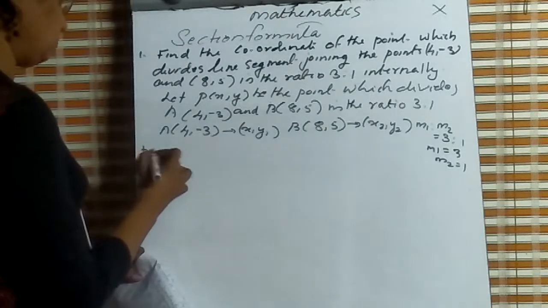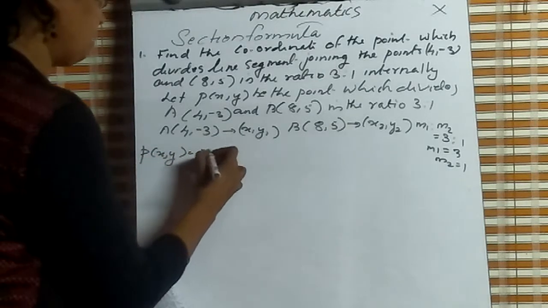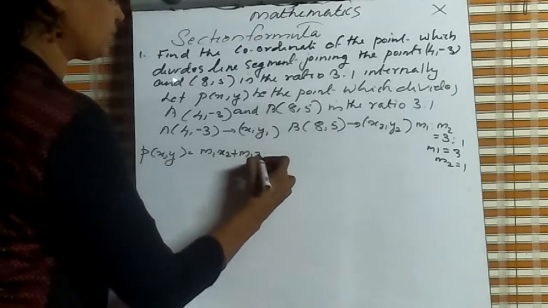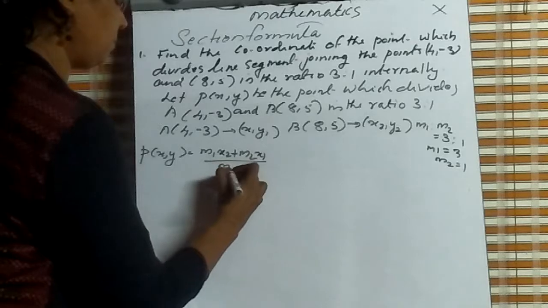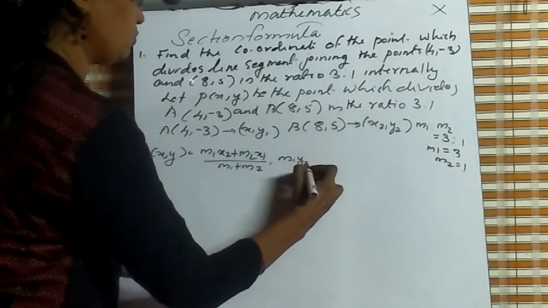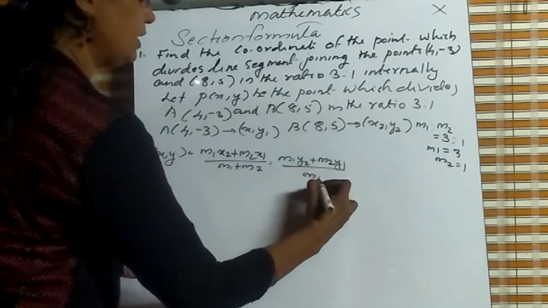Our formula is P(x, y) is equal to (m1 x2 plus m2 x1) by (m1 plus m2), comma, (m1 y2 plus m2 y1) by (m1 plus m2).